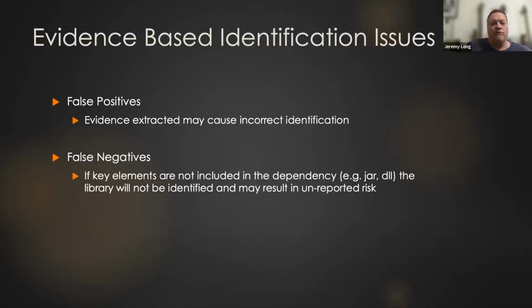Very few, in the grand scheme of things, very few people are using reproducible builds, and so the hash is actually going to be different if you build from source. And so just using that hash-based identification is not always as accurate. And there's other things that have come up to cause issues for both dependency check and the commercial tools to misidentify things.